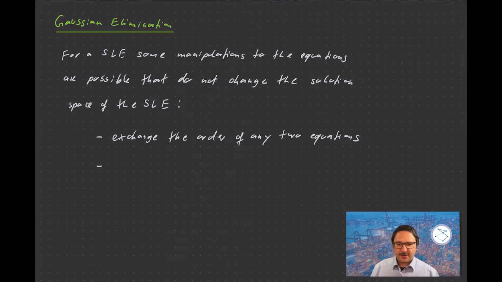The second manipulation that can be carried out is we can multiply an equation by any constant as long as it's not zero. Of course, if we multiply by 0, the whole equation becomes 0 equals 0. So the information given through that equation is effectively lost. But any other constant is fine.